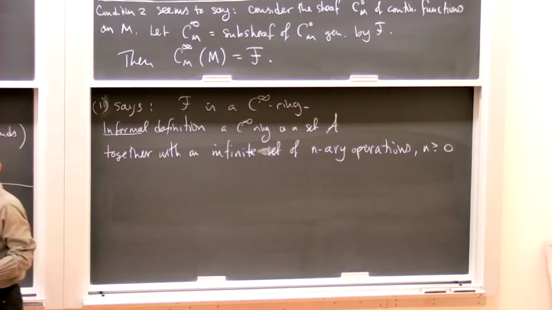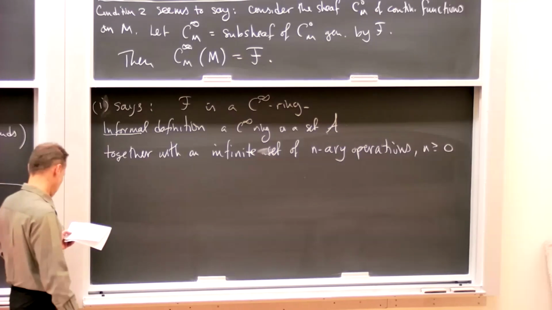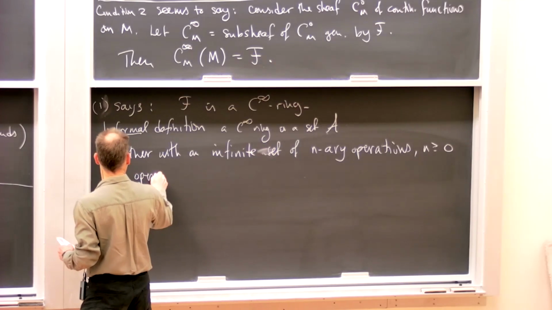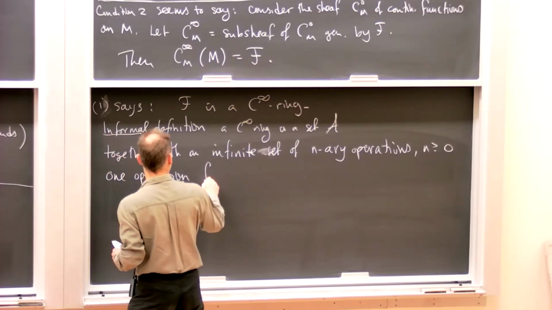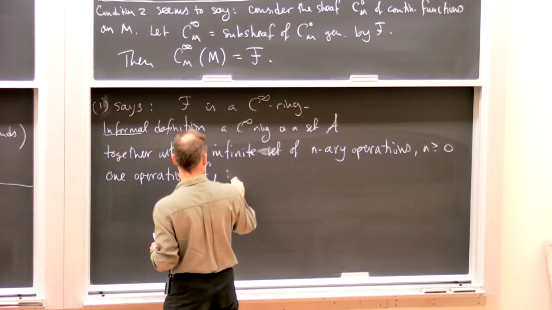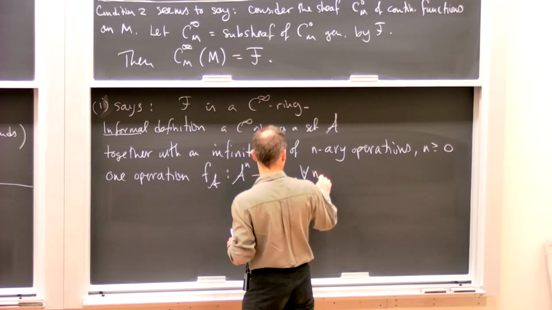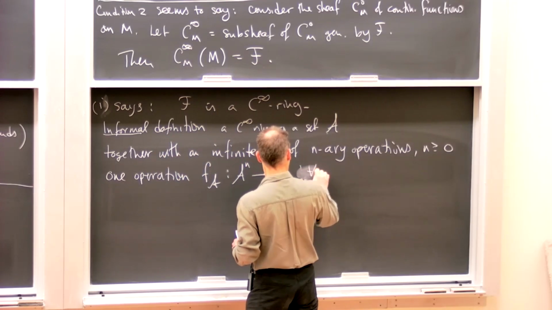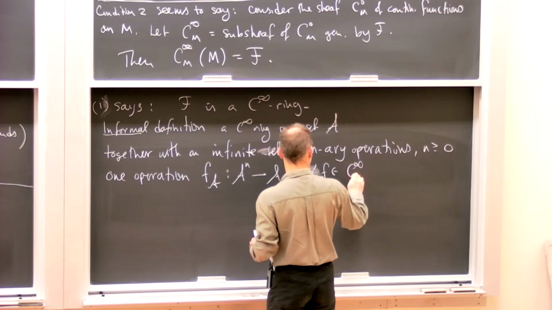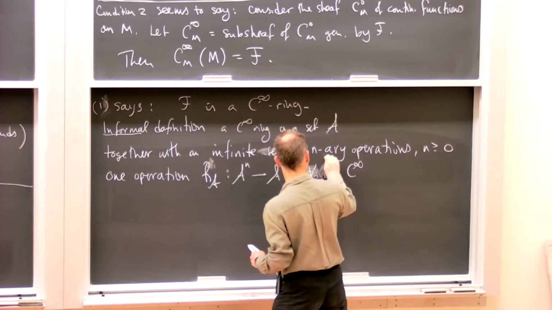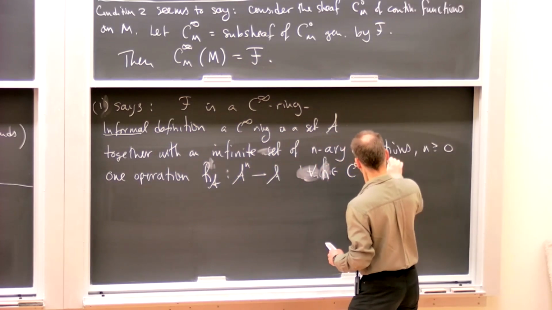So think of it as some sort of universal algebra kind of thing. It is. I want one operation f subscript A from A to the n to A for any n, for any f a smooth function. I guess I should have called it h to agree with what I was doing earlier in C infinity of Rn.